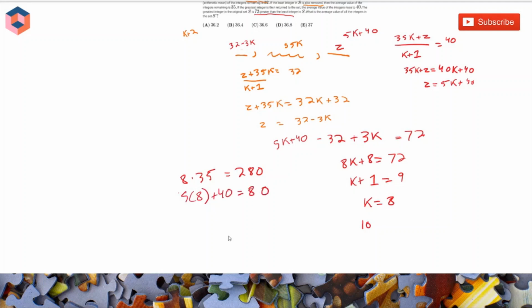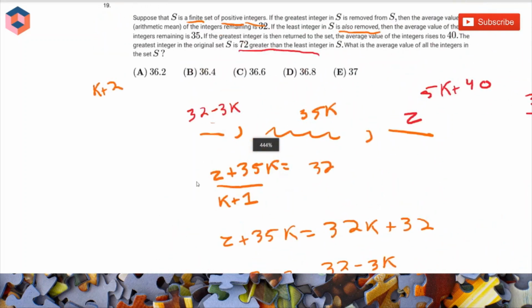Plus this first term, which is 32 minus 3k. So 32 minus 3 times 8, which is 24, which gives us 8. So we have 280 plus 80, 360, plus 8, 368, divided by 10. Well, that just simply gives us 36.8. So that's our answer for this question.